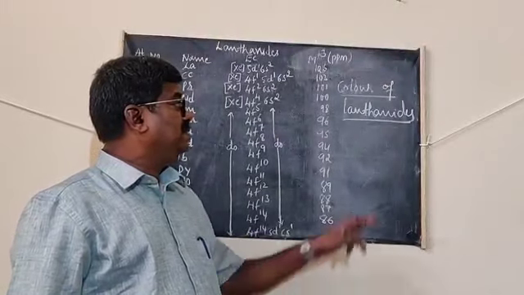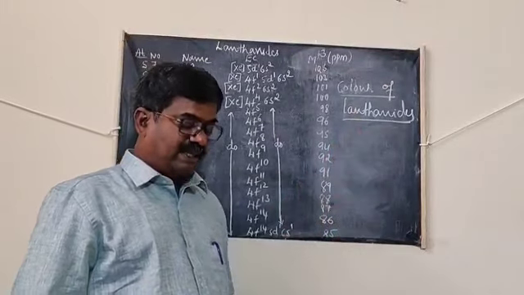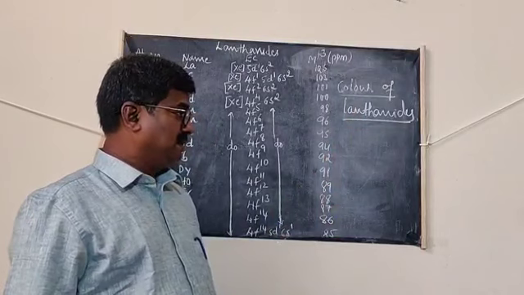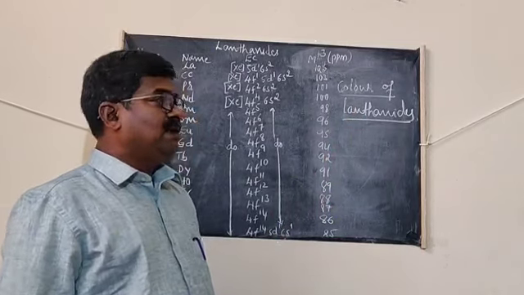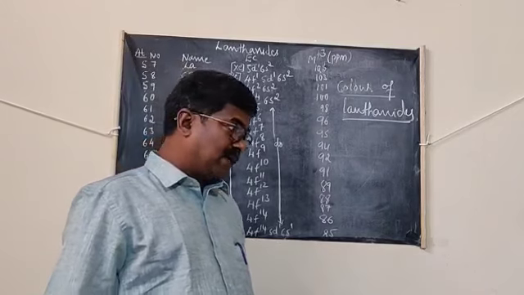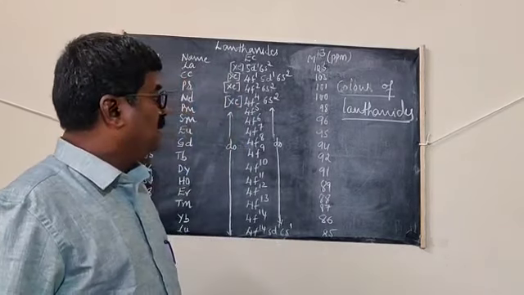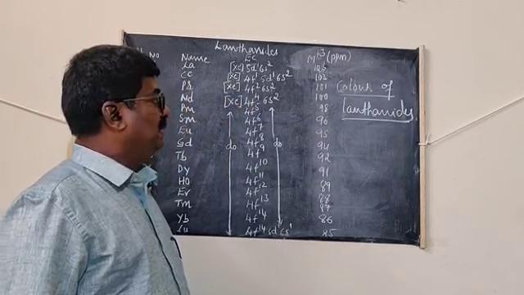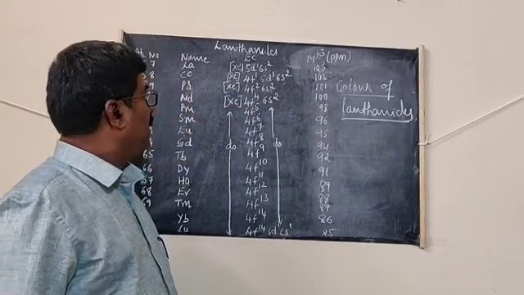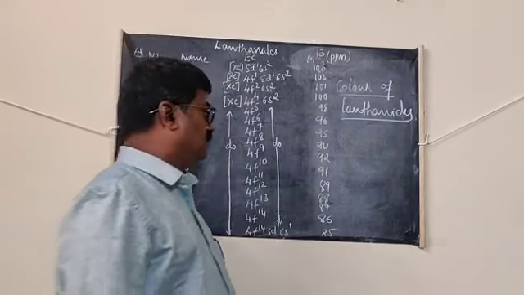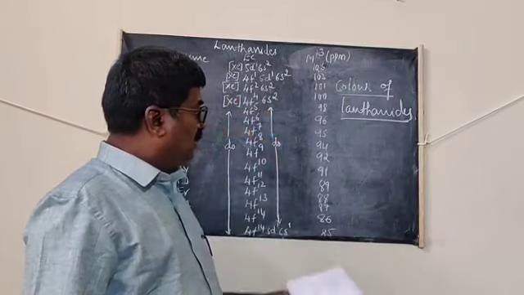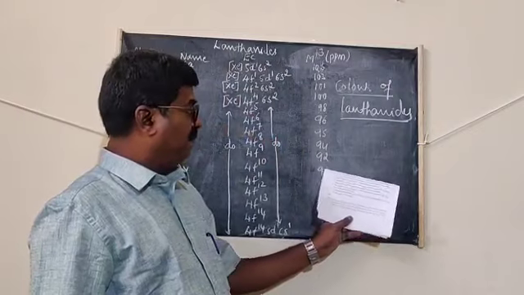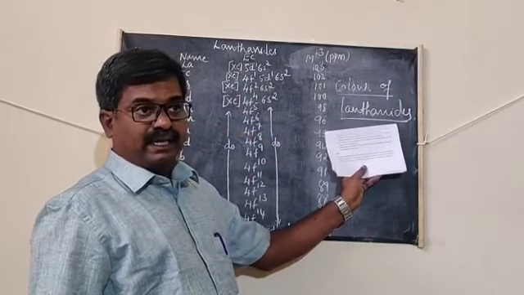The next concept is color of lanthanides. Many lanthanides are colored in nature, both in solid state and in aqueous state. The color of the f block elements or lanthanides is due to the excitation of 4f electrons from the ground state to the excited state.